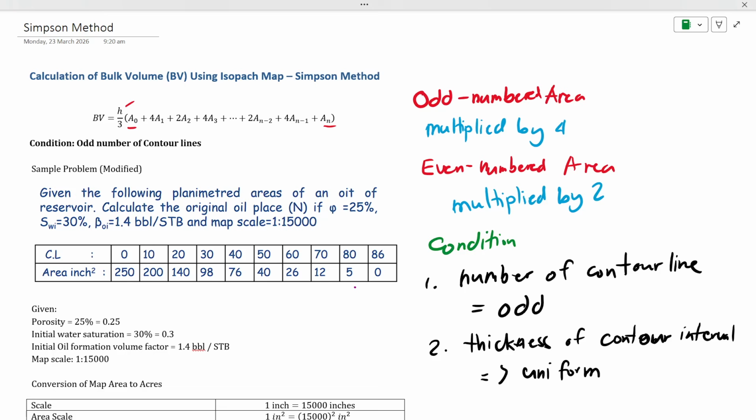If you satisfy these conditions, you can use the Simpson method.